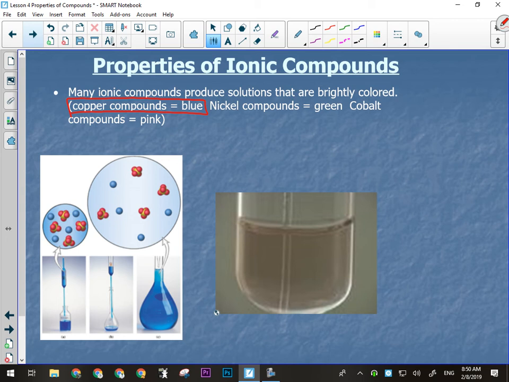And when I dissolve it in water, the solution will also be blue. Copper containing compounds will be blue. Nickel containing compounds will be green. It'll be a green salt. And cobalt containing compounds will produce pink solutions. I don't have pink, but I'll use red.